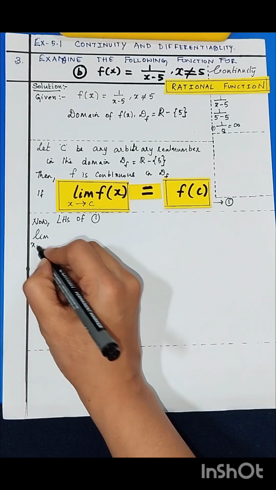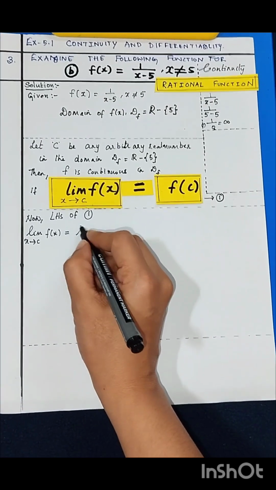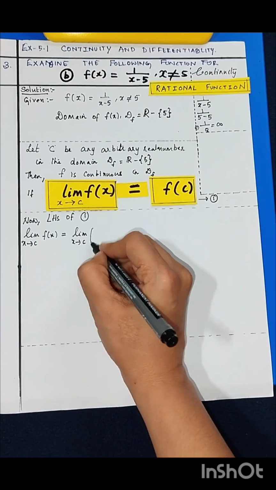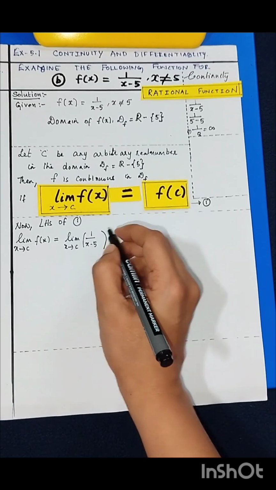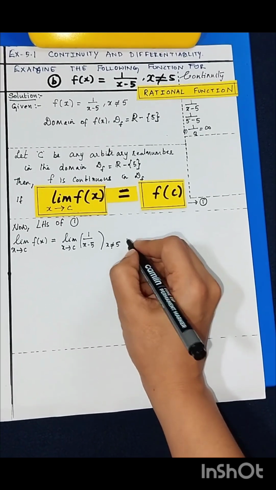Limit x approaches c, f of x is equal to limit x approaches c. So how has the function been defined? 1 by x minus 5 and x is not equal to 5.